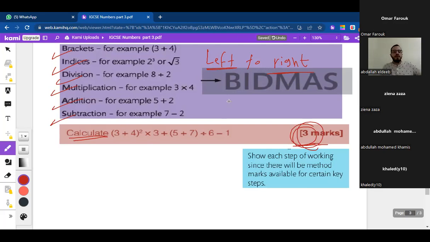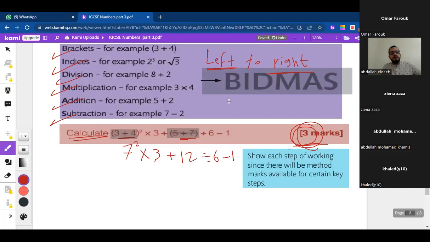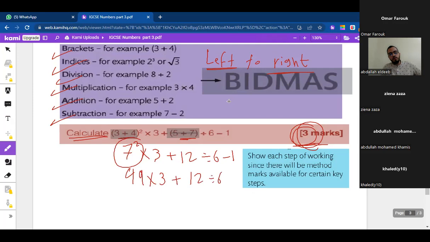So which one do I do first? I start with the parentheses. It will be 7 power 2 times 3 plus 12 divided by 6 minus 1. Here I do the brackets first. Then do the indices. Here I have indices. So 49 multiply 3 plus 12 divided by 6, minus 1.